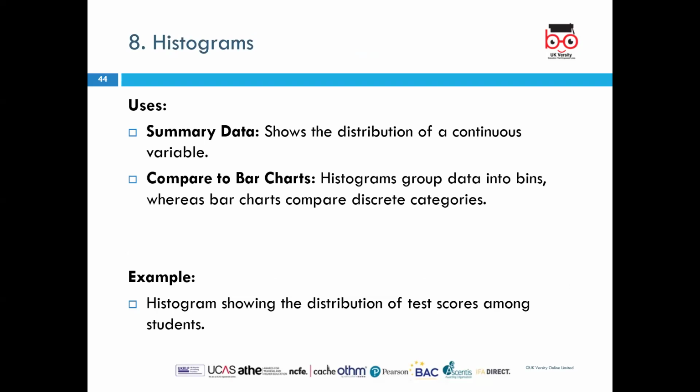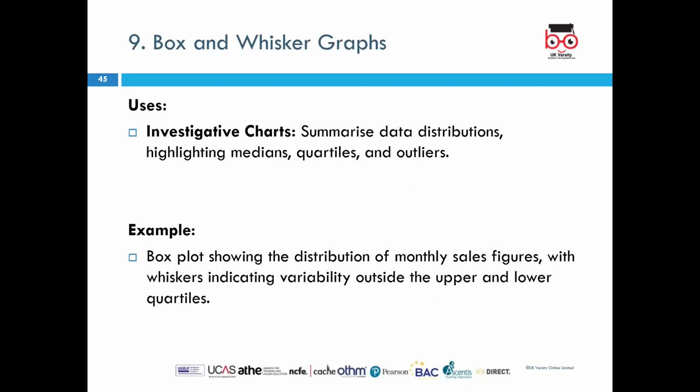Histogram is now going to show the distribution of a continuous variable. With histogram, we can now group data into bins, whereas bar charts will now compare discrete categories. Box and whisker graph. This will now summarize data distribution, highlighting median, quartiles, and outliers.